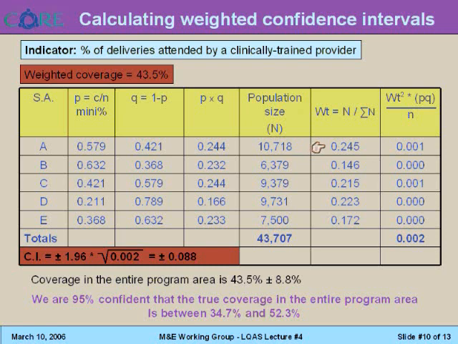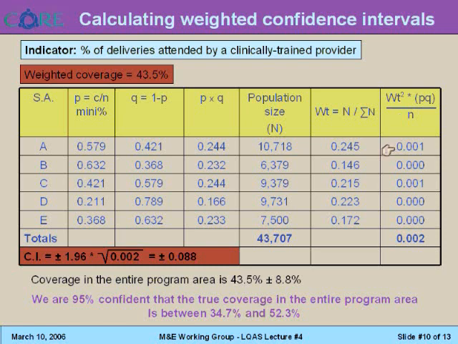So once again, this particular weight of 0.245 is a result of dividing 10,718 over 43,707. The last column, number 7, presents the calculation of the square of the weight per supervision area multiplied by P times Q and then divided by the sample size N per supervision area.